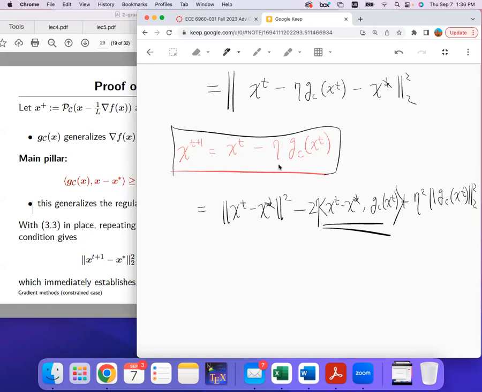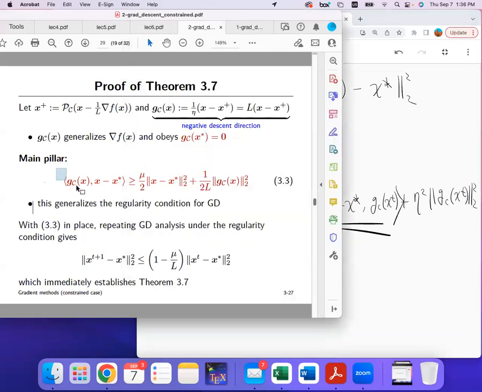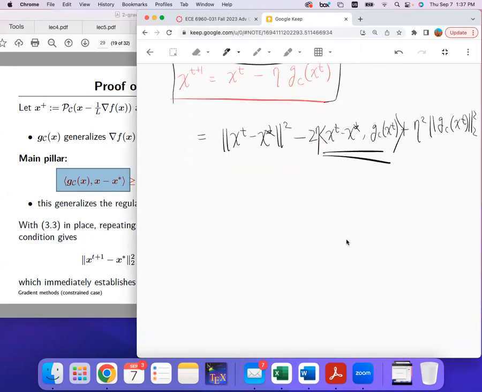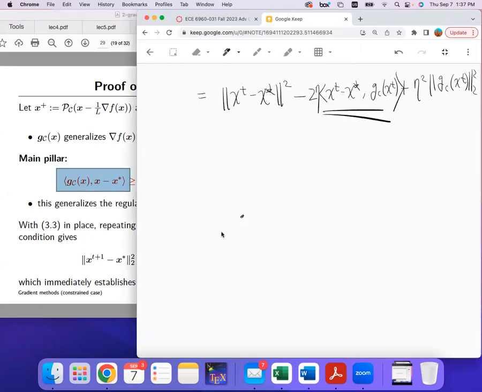So you can rewrite projected gradient descent in such a gradient-descent-like form. And then from here, intuitively, you can view GC as a kind of gradient update, but one that applies to the constraint case. And this key inequality characterizes the correlation between your update direction and x minus x star. Say this is your current x, and this is your target x star. So x minus x star is more like this direction, right?